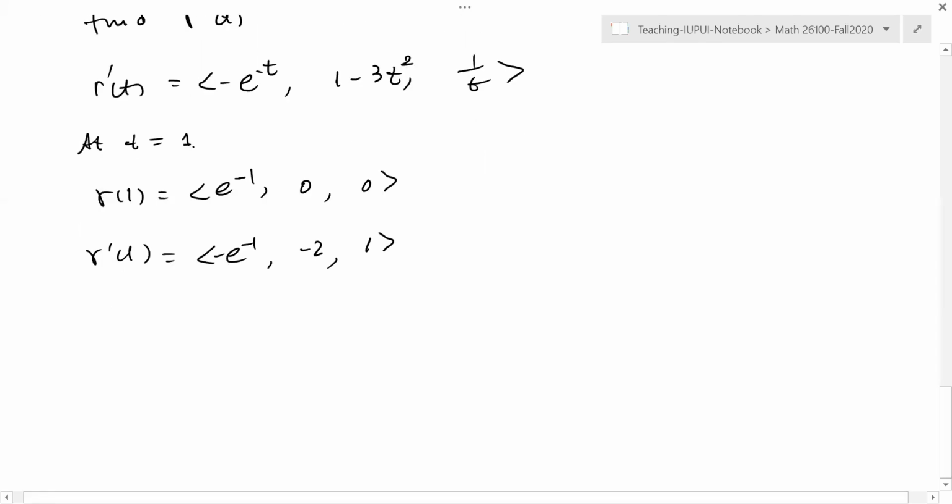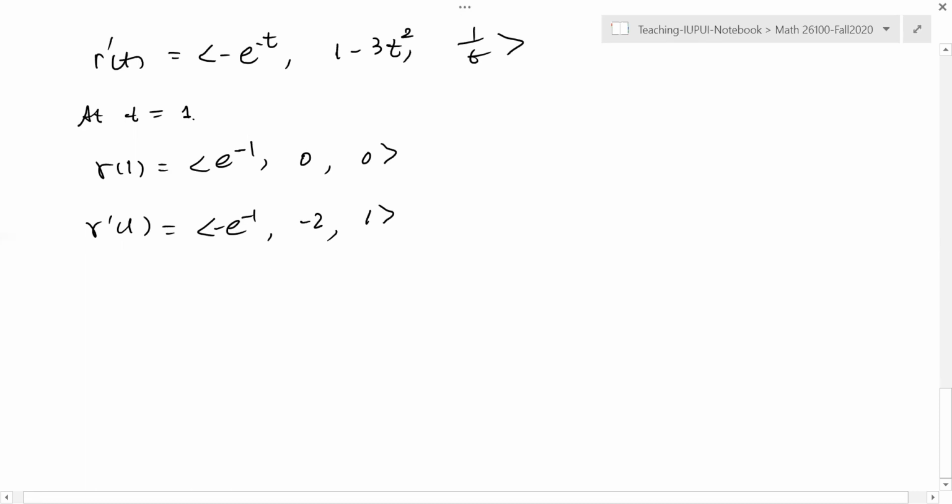Now can you draw the picture? All right, so let's draw the graph. First of all, you find the point r of 1.